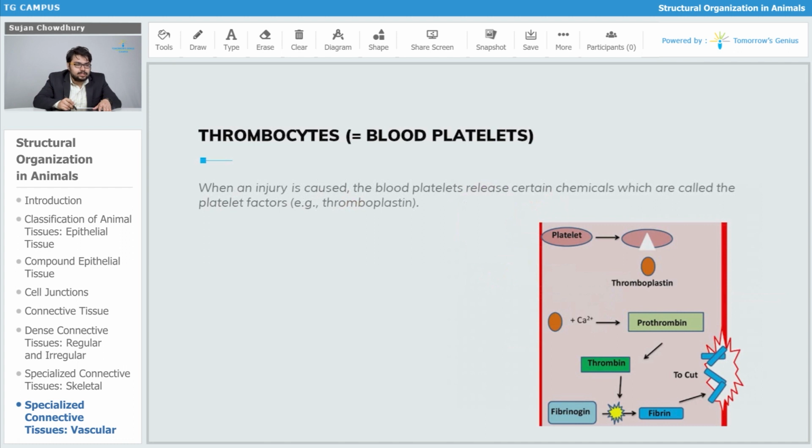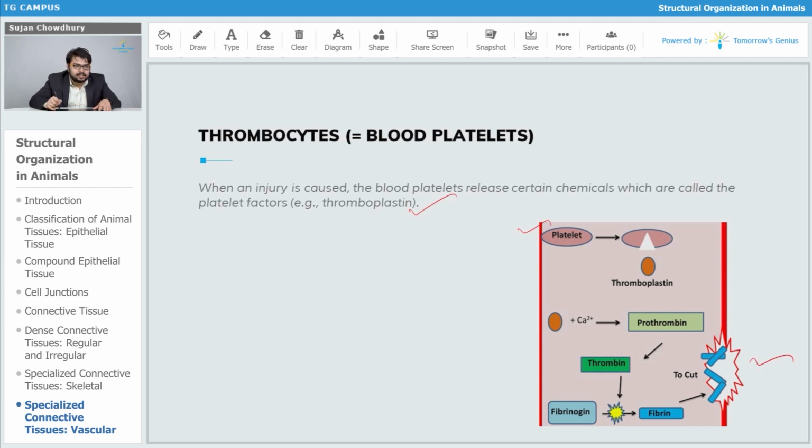So when an injury is caused, the blood platelets release certain chemicals which are called platelet factors, as for example thromboplastin. So here is an illustration of what is exactly going to happen. Here an injury has happened.